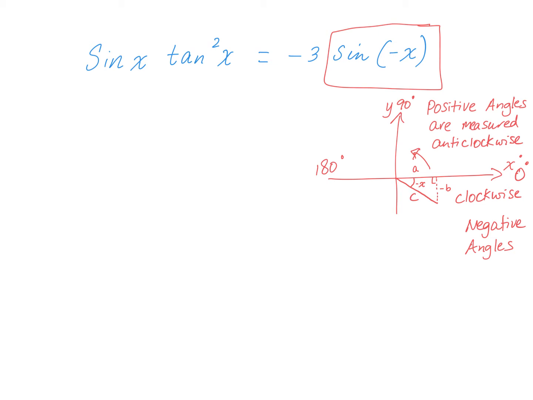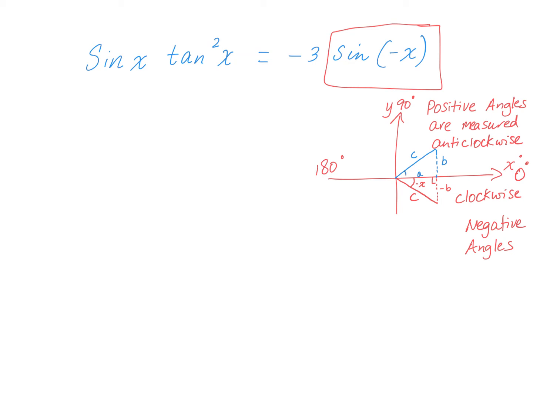Let's call it C. If I reflect this triangle into the positive axis, I'll draw it with a different color to differentiate. Now notice the A remains the same in both cases because this length hasn't changed, but the B will become positive and the C will remain the same.